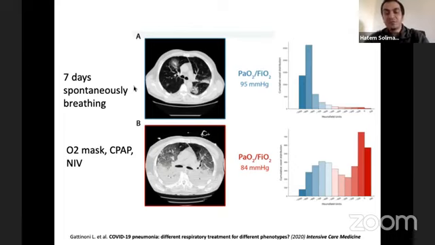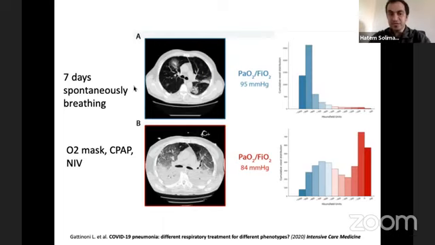The type H phenotype of COVID-19 is almost similar to ARDS, where you see very bilateral dense consolidation and extension of the ground glass opacification. And you can notice here that the level of hypoxemia is almost similar in both phenotypes, but the lung mechanics are very different.